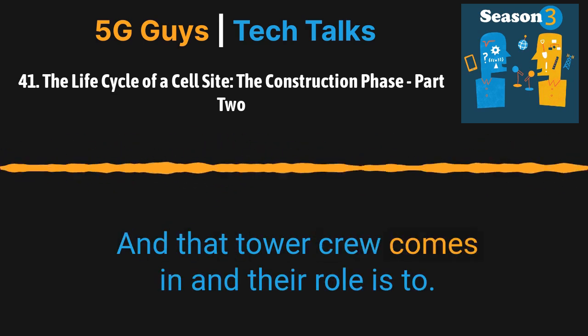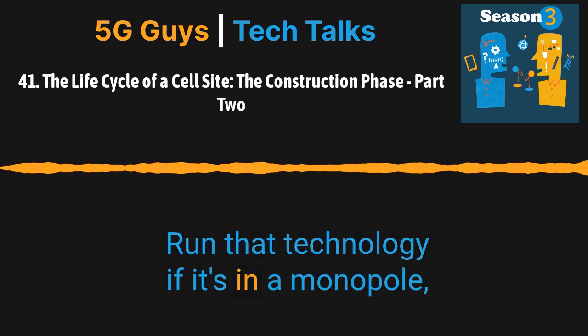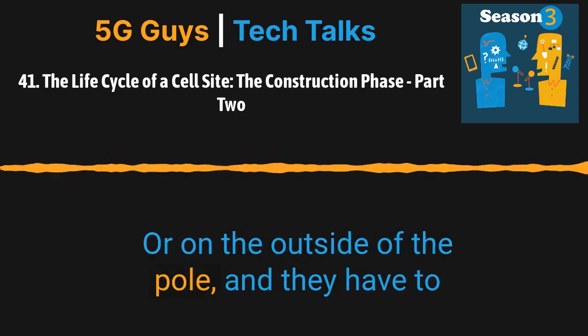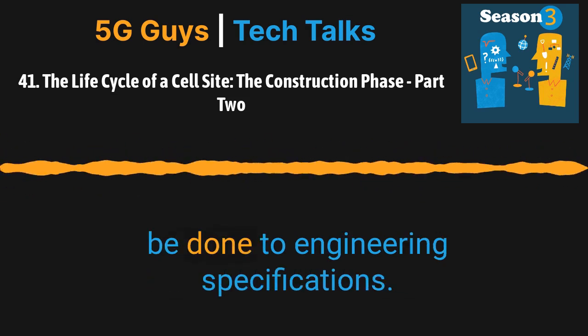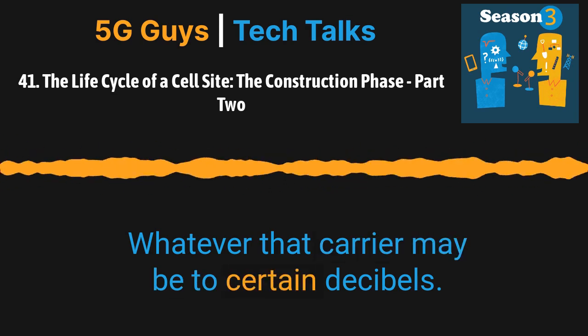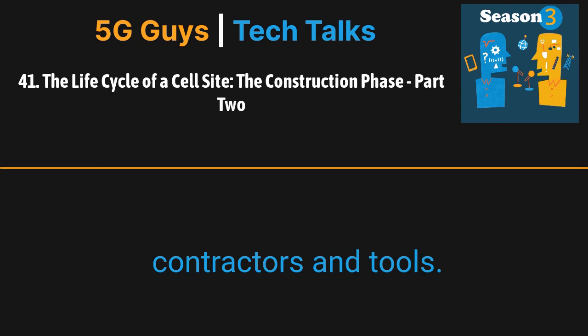And that tower crew comes in and their role is to run that technology, if it's in a monopole, maybe in the center of the pole or on the outside of the pole. And as they build that, it has to be done to engineering specifications, whatever that carrier may be, to certain decibels. And so it takes specialty contractors and tools.